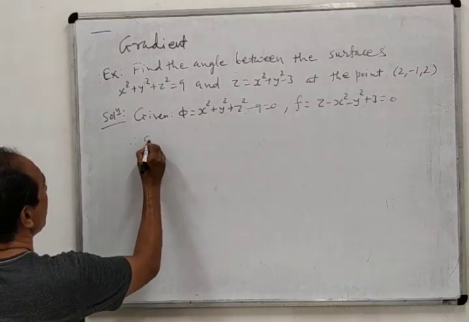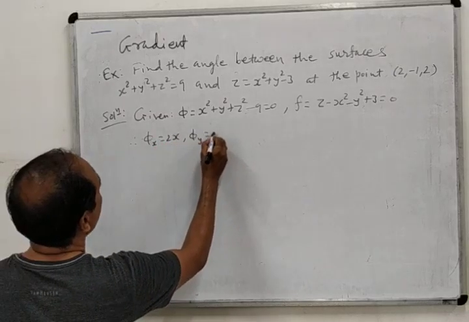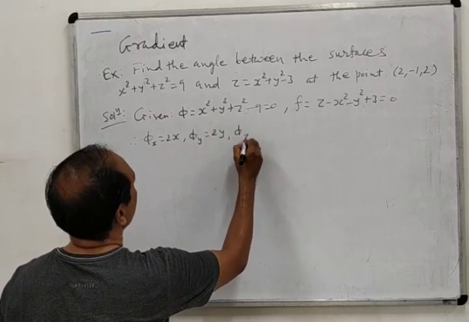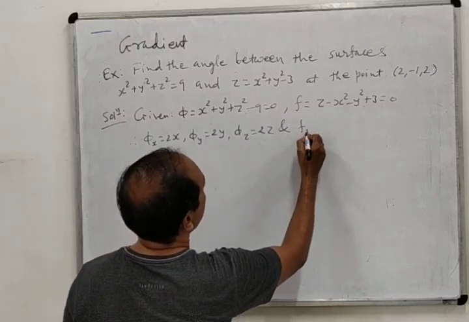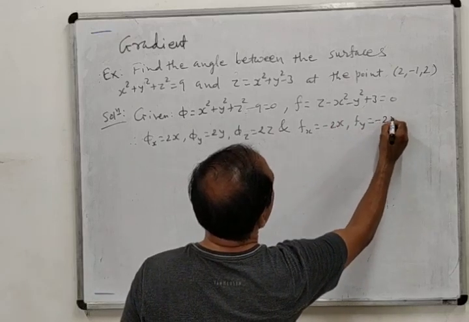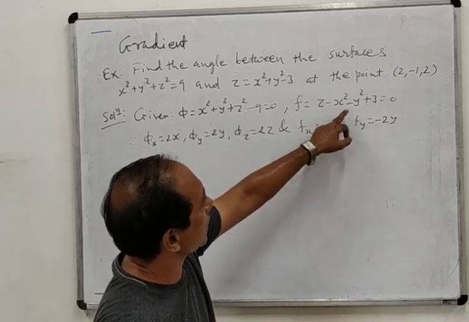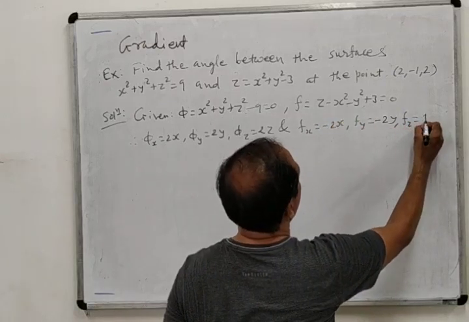And therefore we have phi x equal to 2x, phi y equal to 2y, phi z equal to 2z. Okay. And f x equal to minus 2x, f y equal to minus 2y, because it has the derivative minus 2x, it has the derivative minus 2y with respect to y. And f z is 1. Okay.